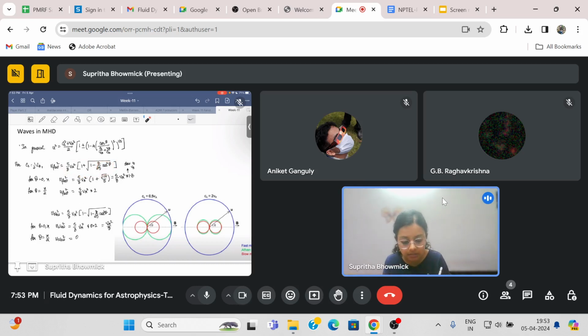We can either consider theta going to 0 or pi. It does not matter because it's a cos square theta. So at theta equals 0 and theta equals pi, you have the same value of cos square theta. So at theta equals 0 or pi, what does u fast simplify to? It simplifies to this number. Now if you compute this, you will see that it's 1.8, which is very close to 2. So it's almost 5 by 4 Va square, very close to Va square.